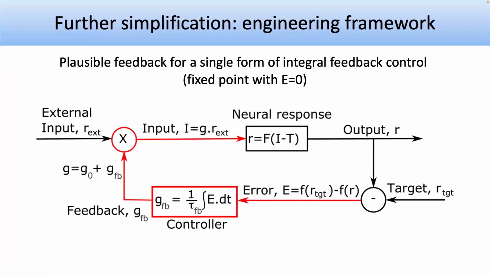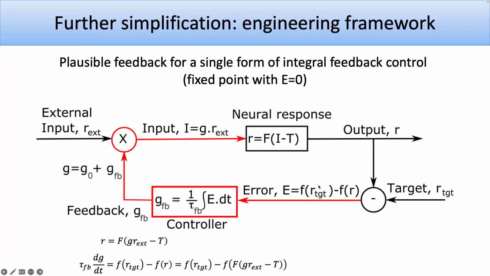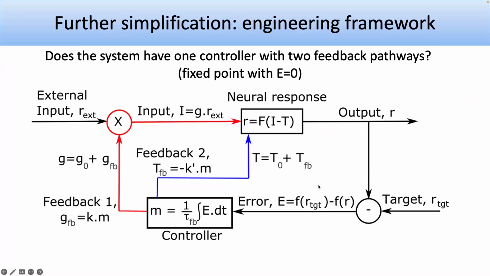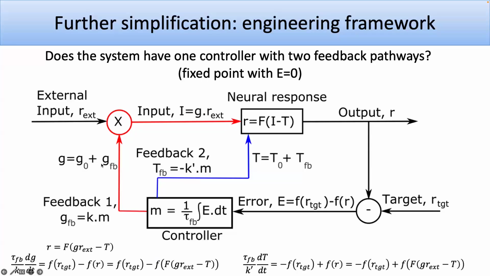So going back to this engineering framework, this is what I showed you. With one controller, you have one error signal. And essentially, you can have two outputs from the same controller. So you've got the same integrator. In this case, it'll be impacting transcription of sodium, potassium channel proteins and synaptic channel proteins.